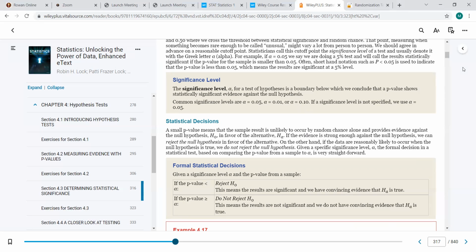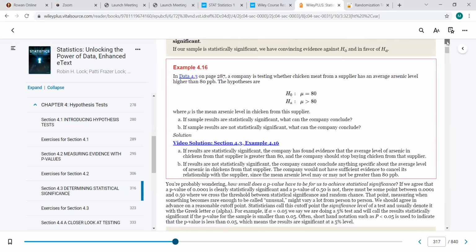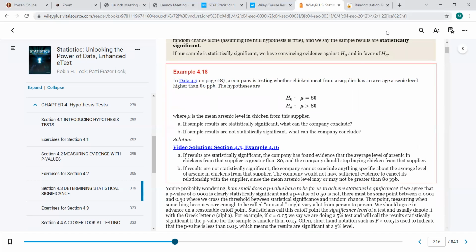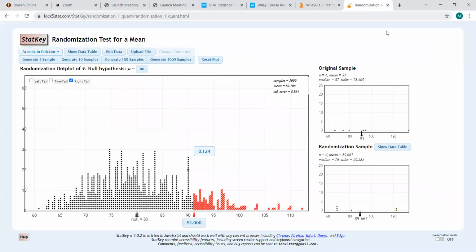So suppose the alpha that we have selected as the researcher for the supermarket chain, suppose that we picked 5%, 0.05. So let's go back to our hypothesis test, the one that we just did, and we have an alpha of 0.05.